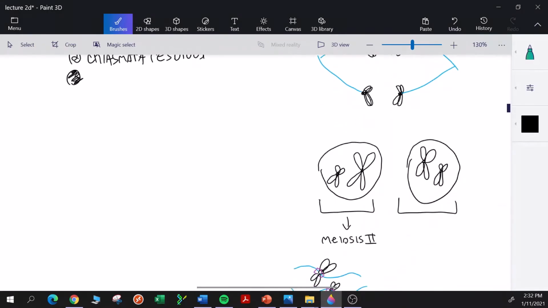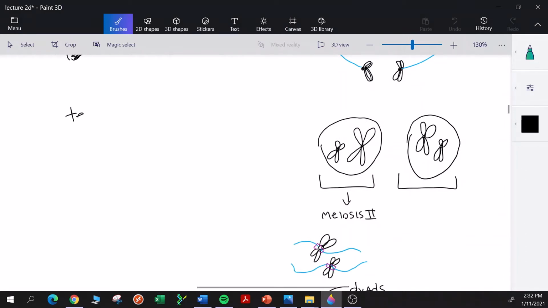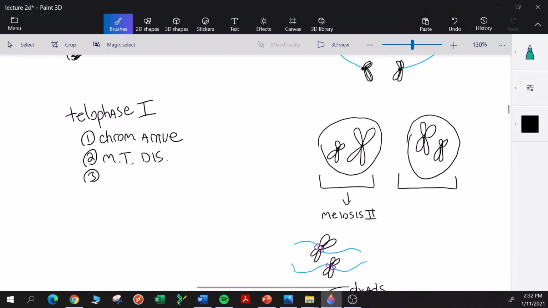Now let's take a look at Telophase I. So Telophase I, what happens? The chromosomes arrive at each pole. The microtubules disassemble. A nuclear membrane forms around each group of chromosomes.